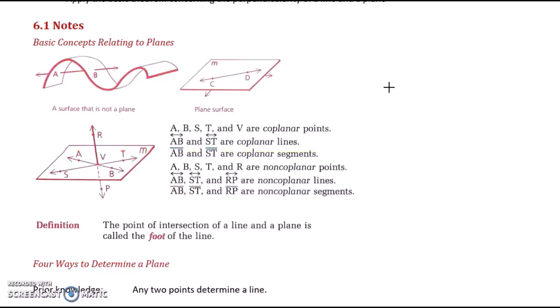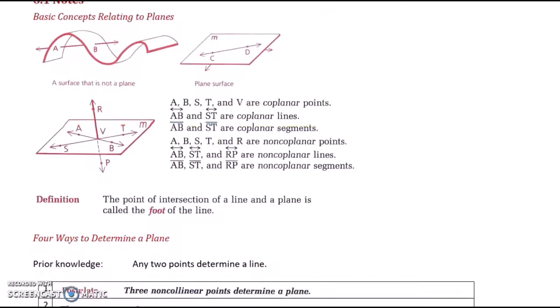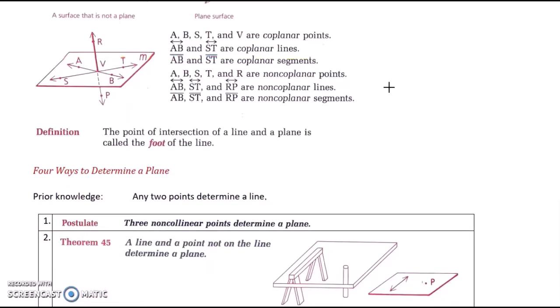You can think of a wall as a plane or a floor as a plane. Any flat surface, however, it would have infinite length. If a line intersects a plane, that point of intersection is called the foot.